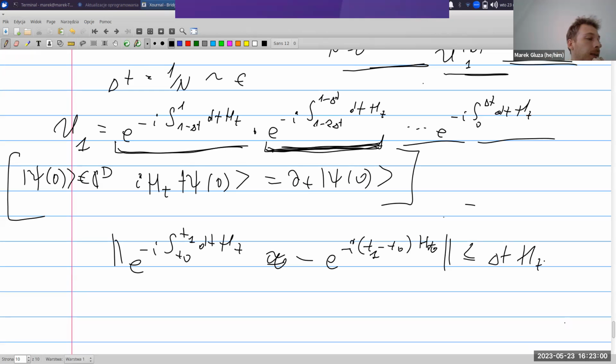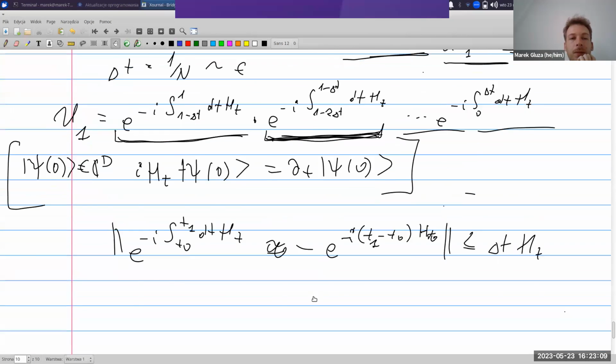And the trick is that on a small interval, I think we can apply some bounds that normally we would be worried about.